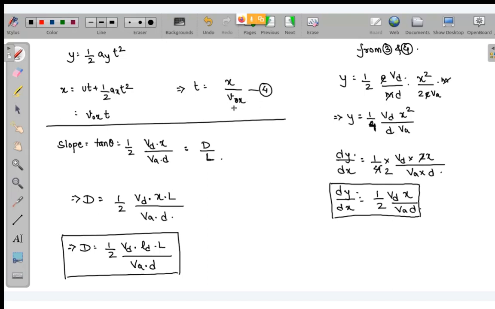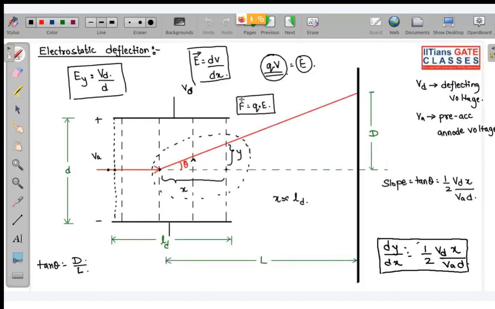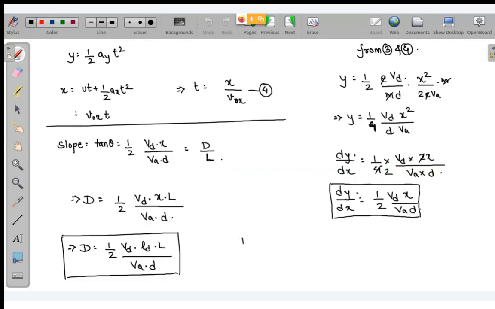It is up to you, whichever way you want to write it. This is basically the deflection that happens in your y-axis due to this Vd. You can see that this D is directly proportional to Vd. Is it clear?